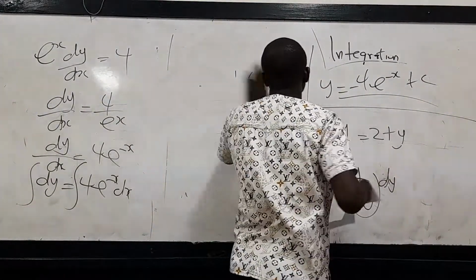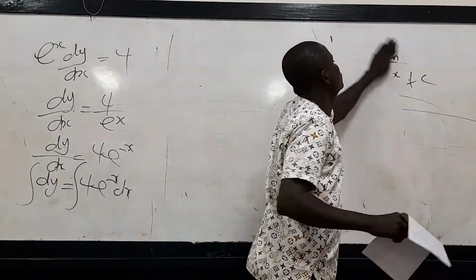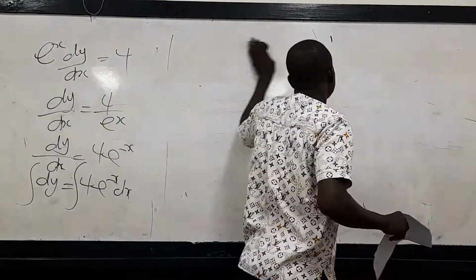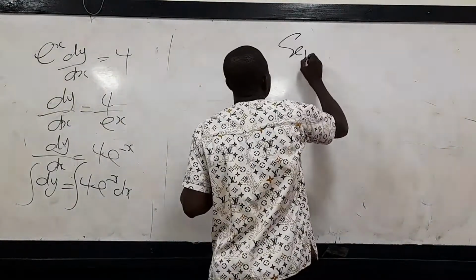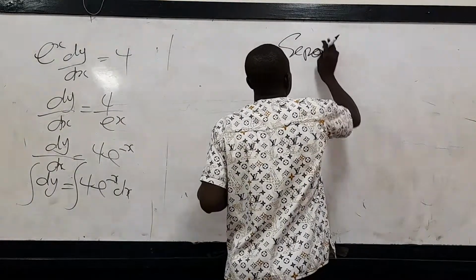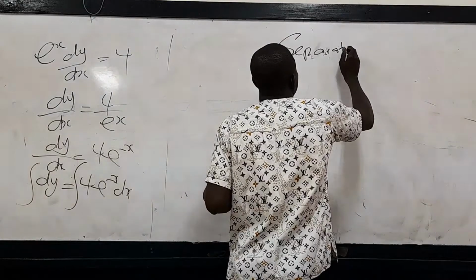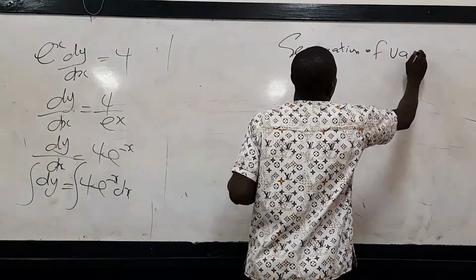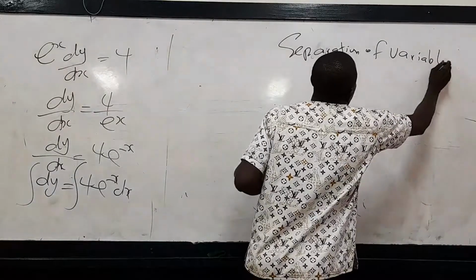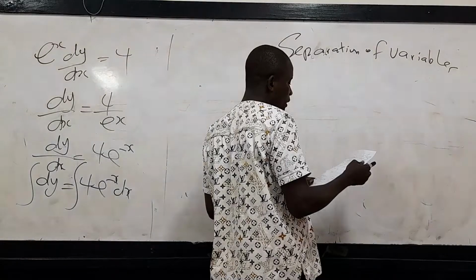We're going to have a situation where we do integration by separating the x and the y variables. Okay, separation of variables. I'm trying to see if I'll be getting one.